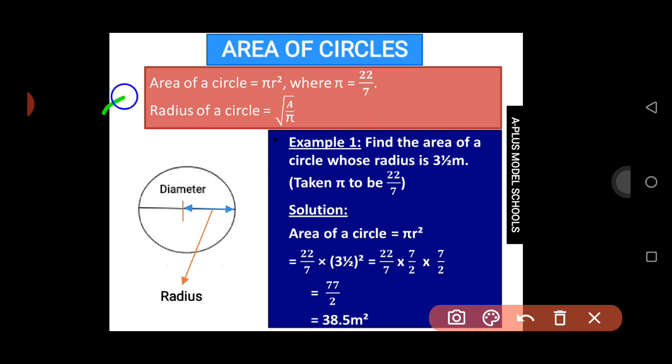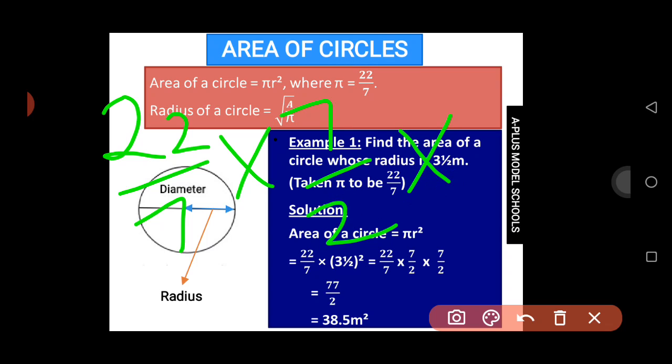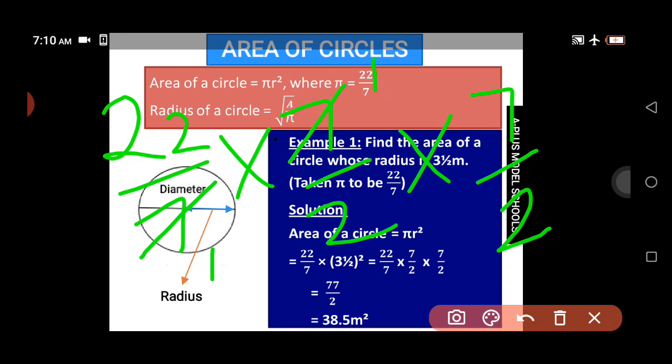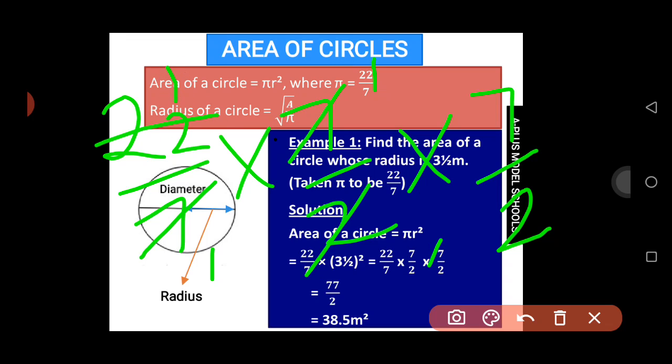Then we now have 22/7 times 7/2 times 7/2. So 7 here, 1, 7 here, 1. Then 2 here, 1, 2 here, 11. So there is nothing that can go again.